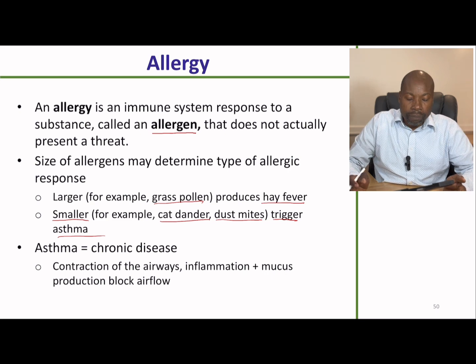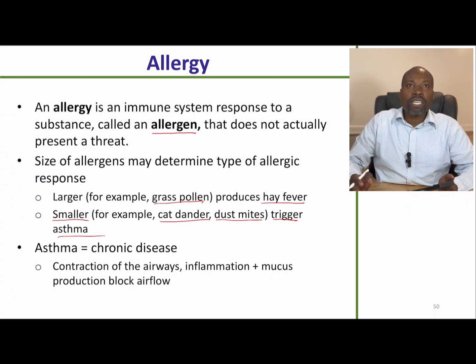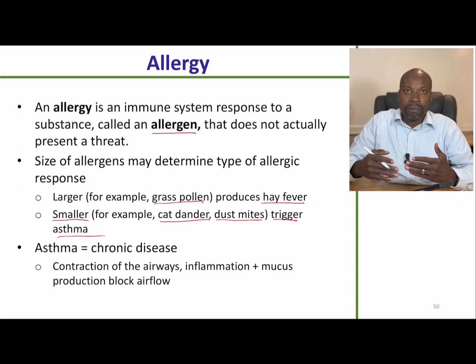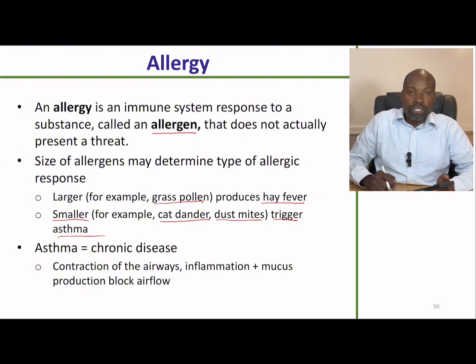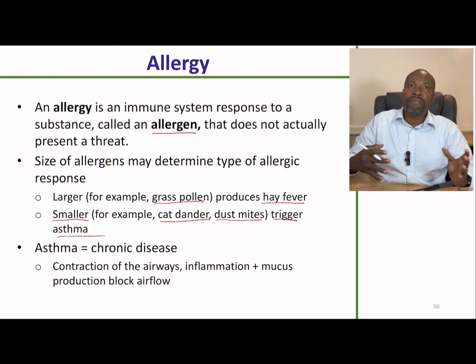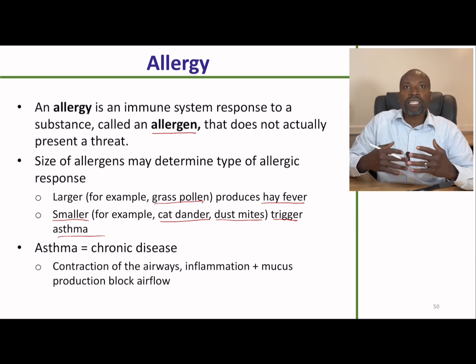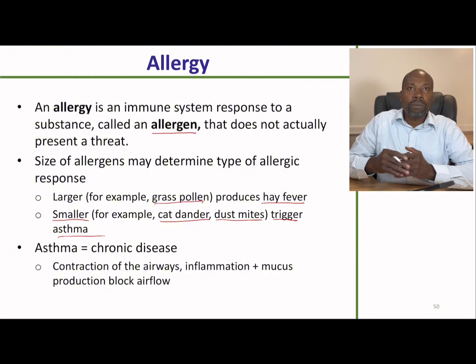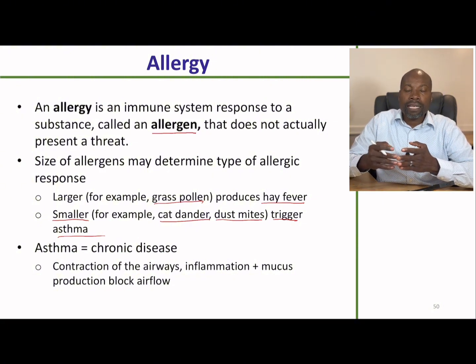But what is asthma? Asthma is actually a chronic condition in which allergic reactions are developing all the time, right? And this is going to lead to a contraction of airways, causing difficulty in breathing. Now, also, in addition to that, we can see a thickening of the mucus that is going to have the same effect as the contraction of airways.